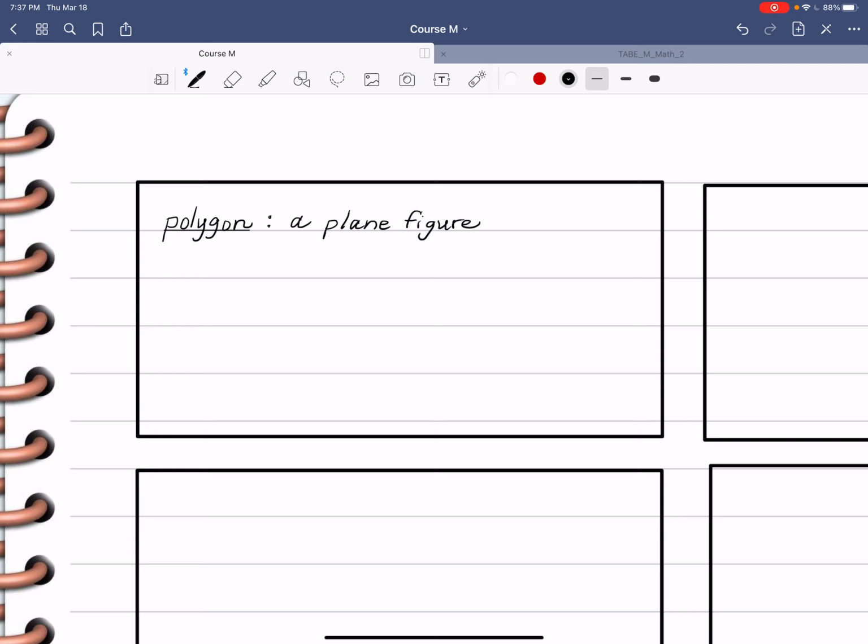A flat figure with at least three straight sides and at least three angles.